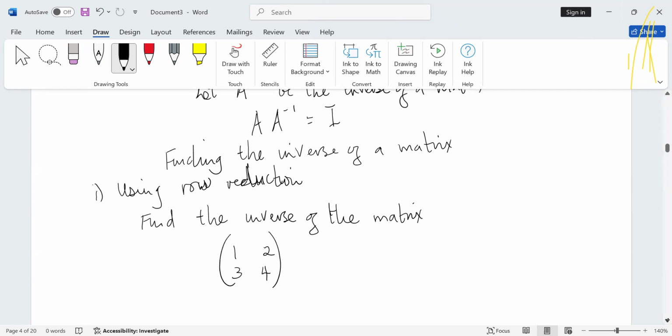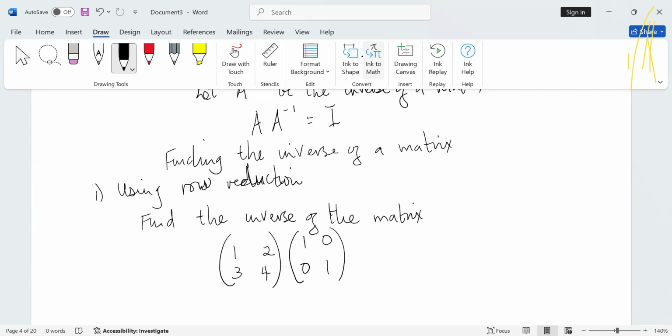So we know that a matrix times its inverse will give you an identity matrix. So to get the inverse of a matrix, we write it alongside the identity matrix, and then reduce this matrix to the identity matrix. What reduces this matrix to the identity matrix is its inverse.